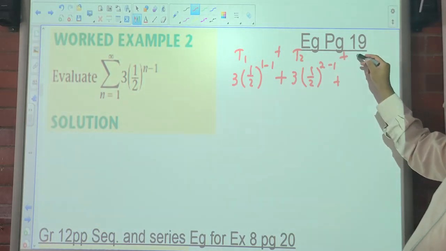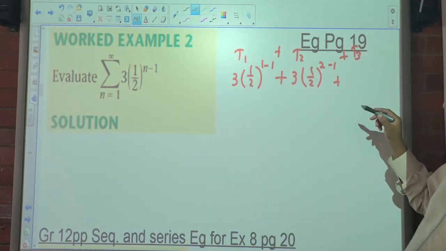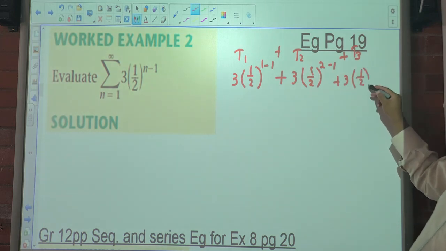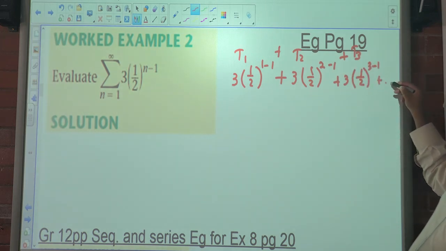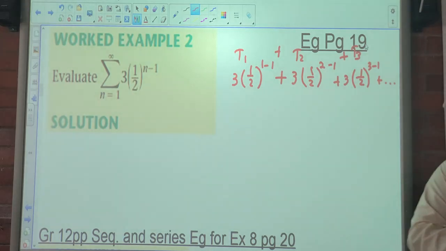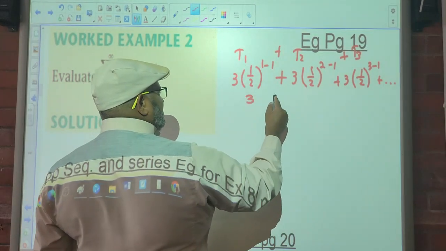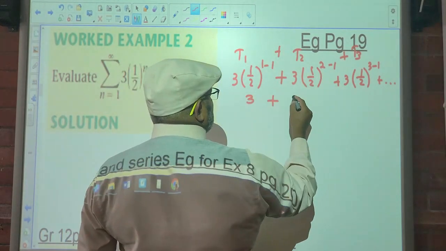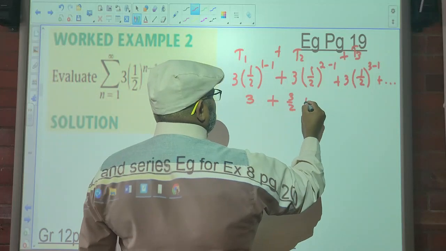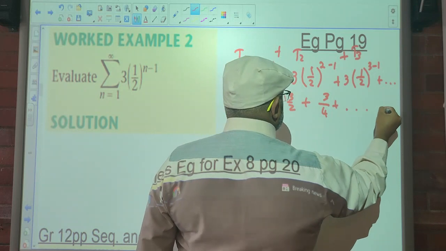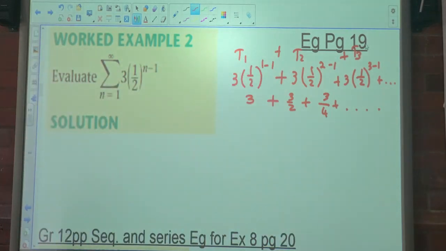For term 3, what would it now be? 3 into (1/2) to the power of 3 minus 1, and so on. 3 is enough for me. Okay, 3 terms. So the first one works out to be (1/2) to the power of 0 is 1, so it's going to give you 3. Then 3 times half, which is 3 over 2. Then 3 times a quarter, which is 3 over 4, and so on.